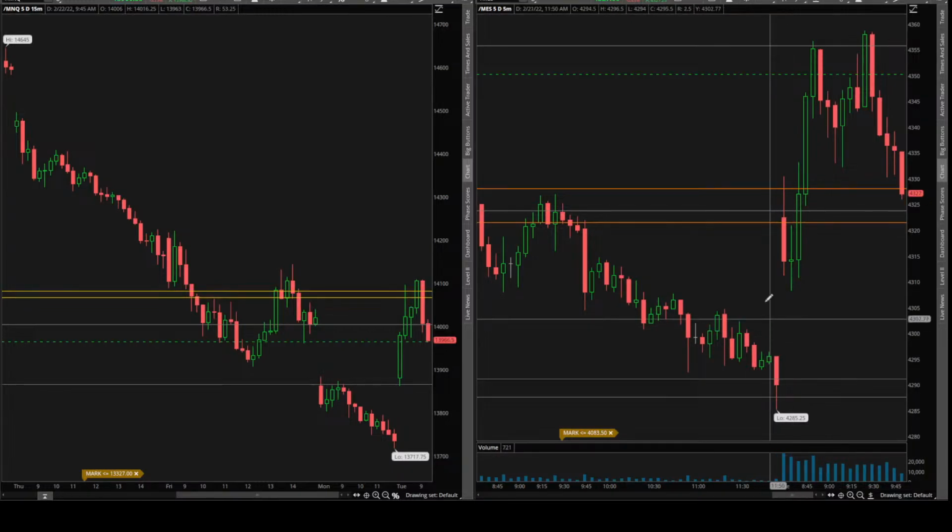I don't like it, and I'm out of it if we're under this level here. I might choose to add a little bit more down in here. NASDAQ is slightly below its overnight high, not by much. It's kind of flirting with it.